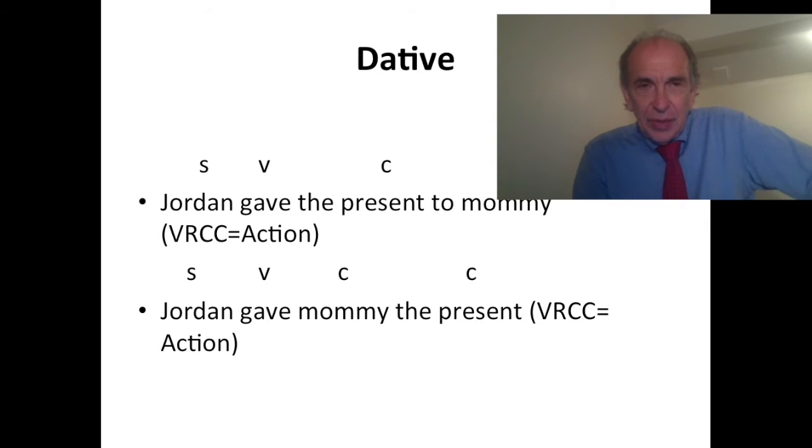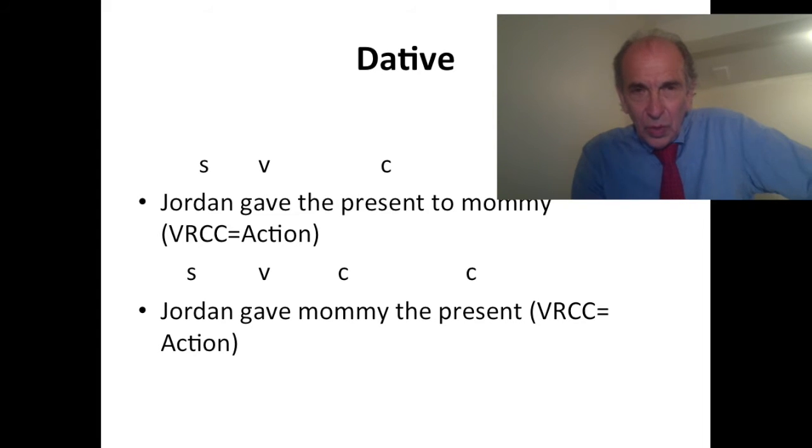So considering that unit by itself, we see that the verb relation content category in that sentence is action, because "give" or "gave" is an action verb. Jordan gave the present. Action.